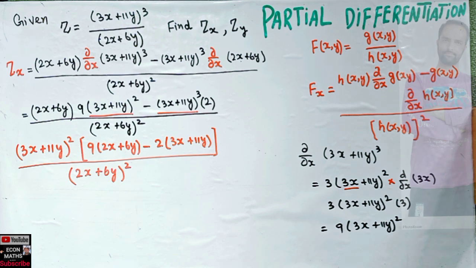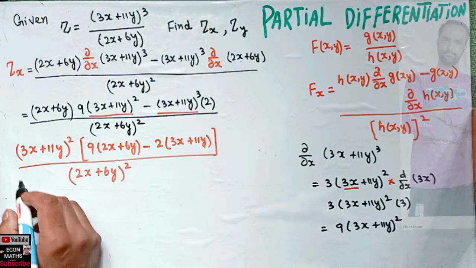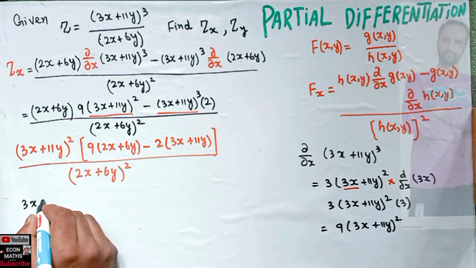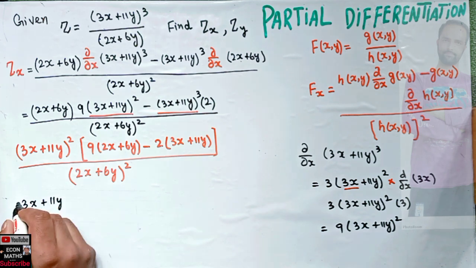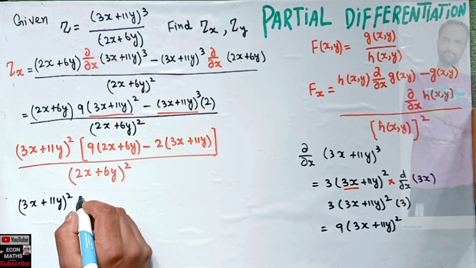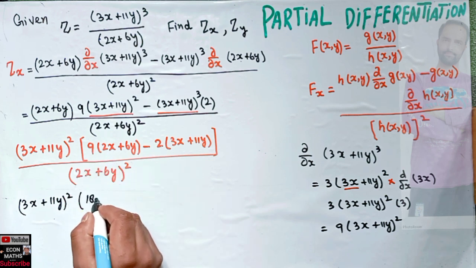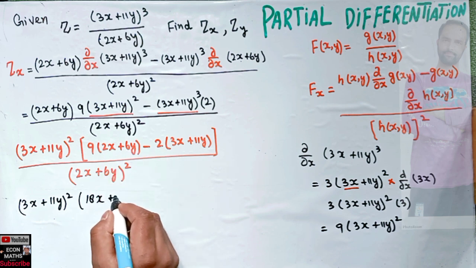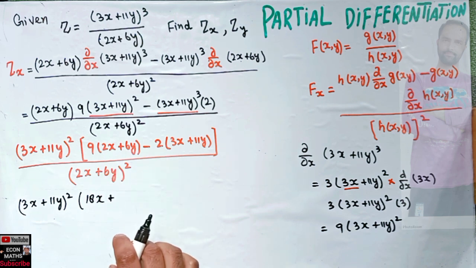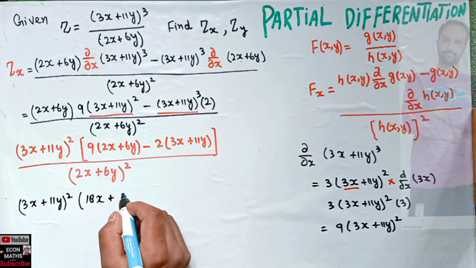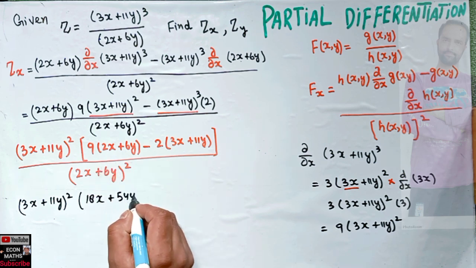Now we have (3x plus 11y) square. Doing some calculation here, 9 2s are 18, 18x, 9 6s are 54, so this is 54y.